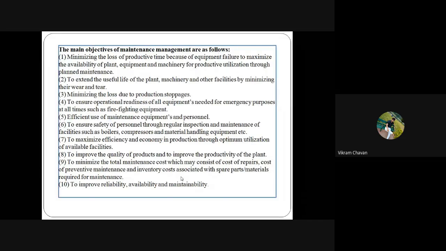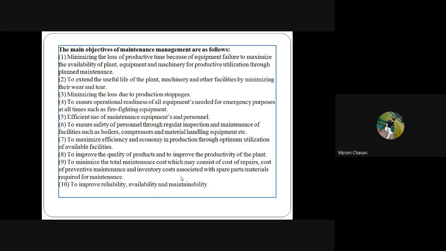Then to improve the quality of products and the productivity of the plant. Then to minimize the total maintenance cost, which may consist of the cost of repair, the cost of preventive maintenance, and the inventory cost associated with spare part materials required for maintenance. Then to improve the reliability, availability and maintainability of the equipment.